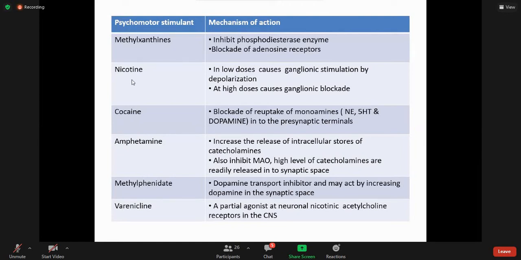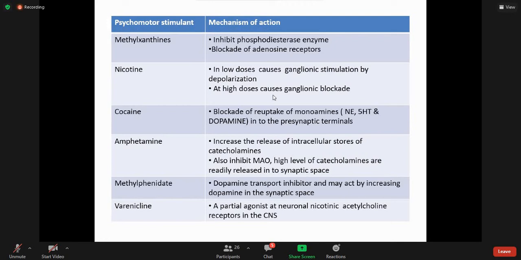The second one is nicotine. I think every one of you knows about nicotine, because smoking is a common habit all over the world, not in our country, not in our setup, but all over the world. In low doses, nicotine causes ganglionic stimulation by depolarization, and at high doses it causes ganglionic blocking activity.